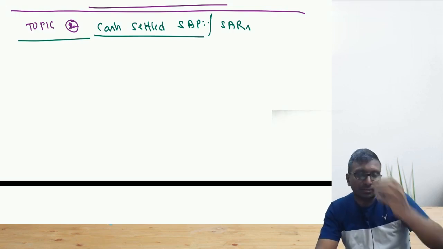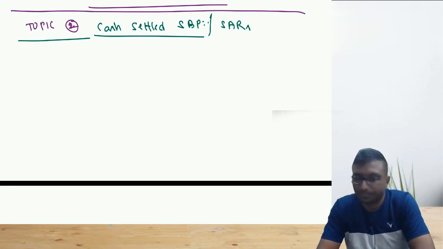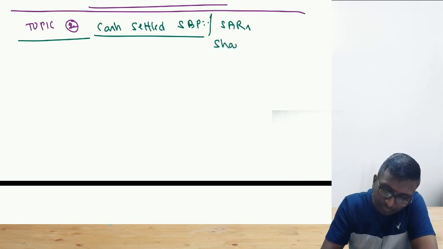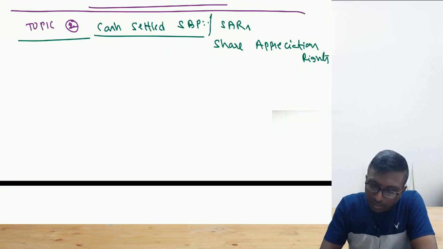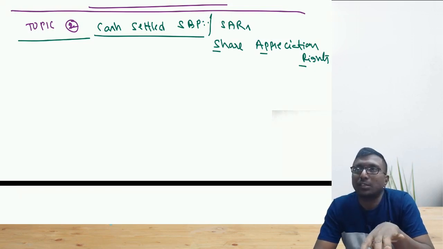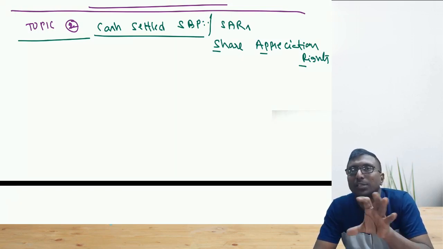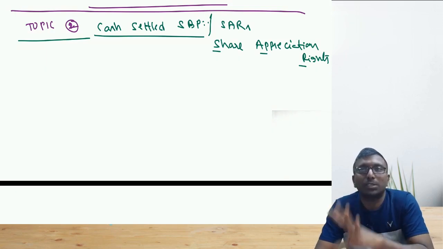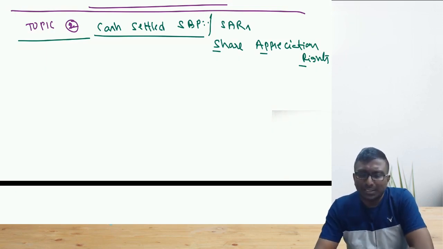SAR is share appreciation rights. If they use the word SAR or the word cash settled SBP, both are one and the same. That is just another name.